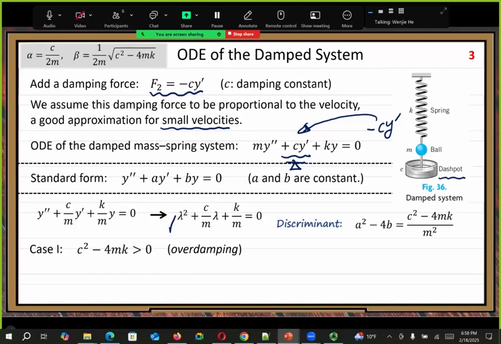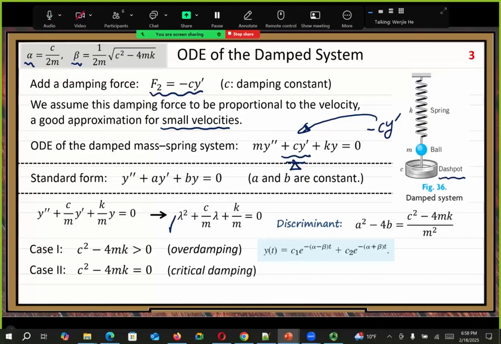We use alpha and beta constants so we can write its solution. If you do not introduce the new notation alpha beta, the formula is too long. In order to make the formula as simple as possible, we introduce the alpha beta constants. That's the solution for the overdamping system. Case 2, equals 0, is the critical damping system.